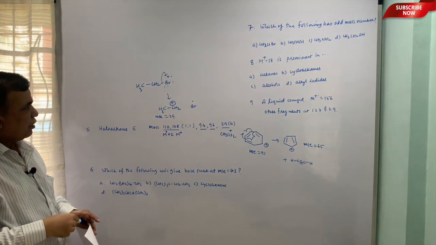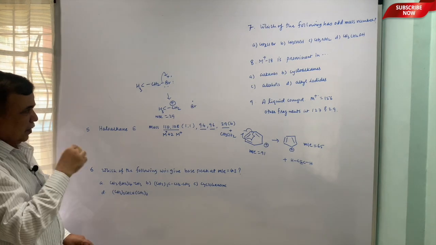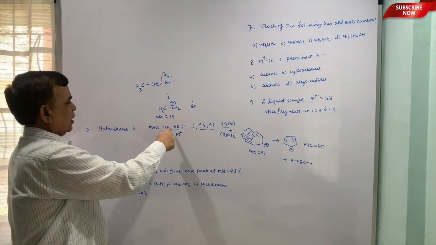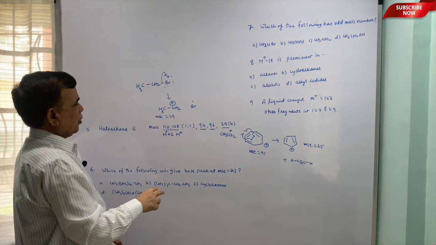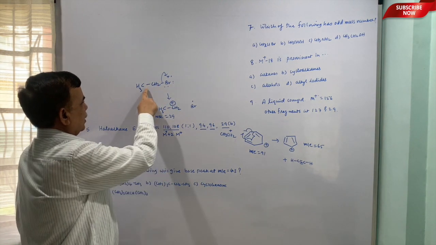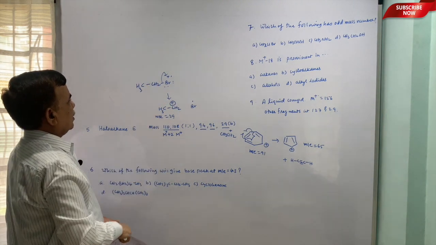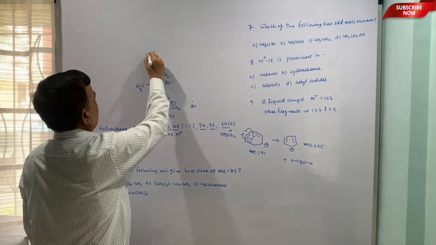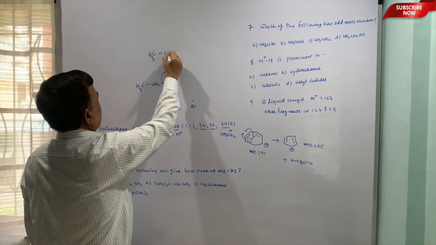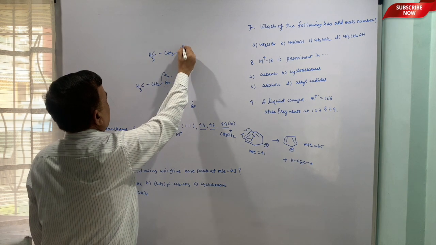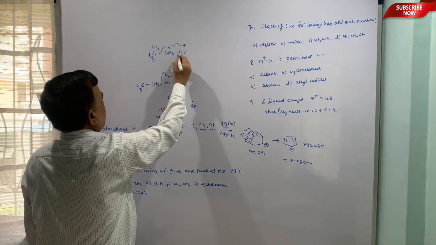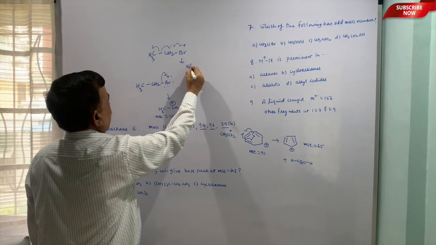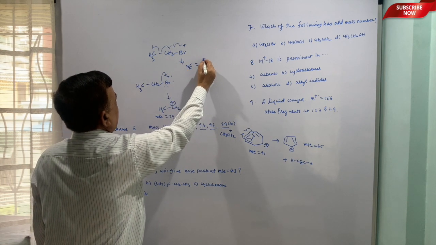Alternatively, you can get this 110, 108 because of the parent compound. 94, 96 is when this methyl is lost. So CH3 CH2 Br, let us say I am putting radical cation here. If this is fused, we get CH2 double bond Br plus.